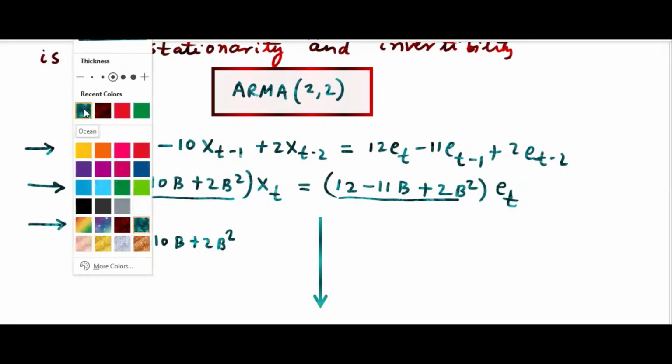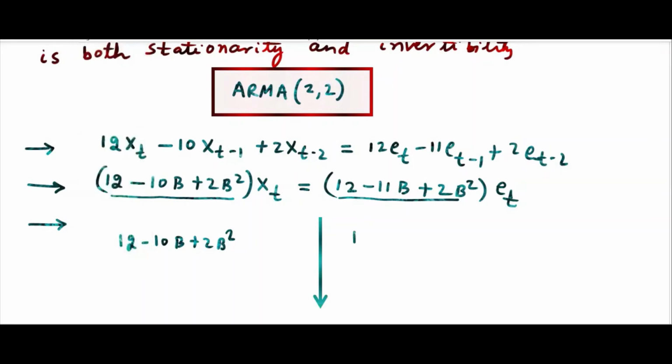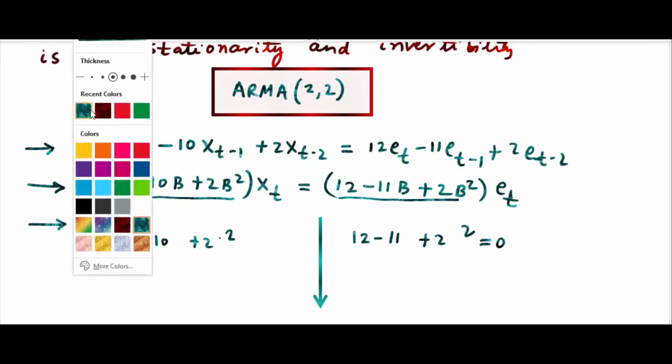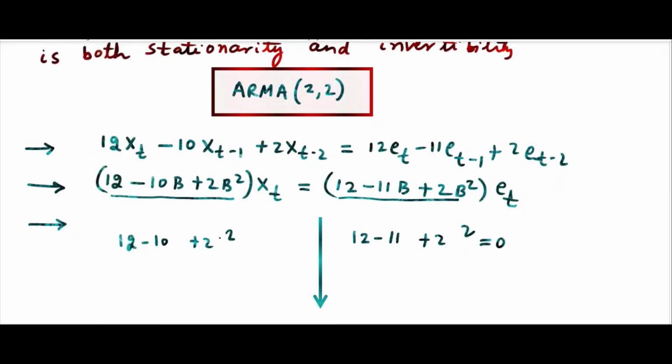This part 12 minus 11B plus 2B^2, we'll replace B by z here. This will be our characteristic polynomial in these cases. Now this is equal to 0.